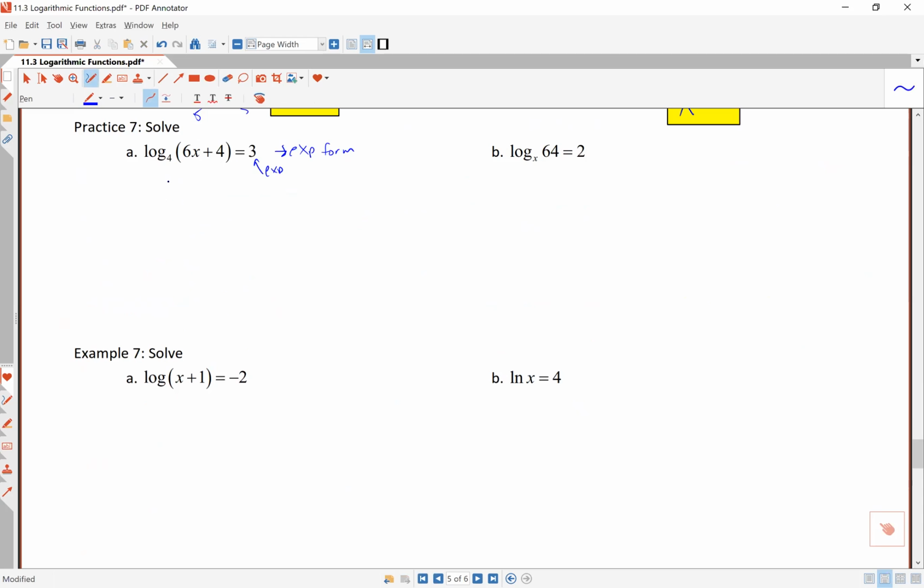Logs always equal exponents on the base of 4 to get 6x plus 4. 6x plus 4 equals the base of 4 cubed. 6x plus 4 equals 64. Solve that simple linear equation. Subtract 4 from both sides and get 60. Dividing by 6 gives us x is equal to 10.